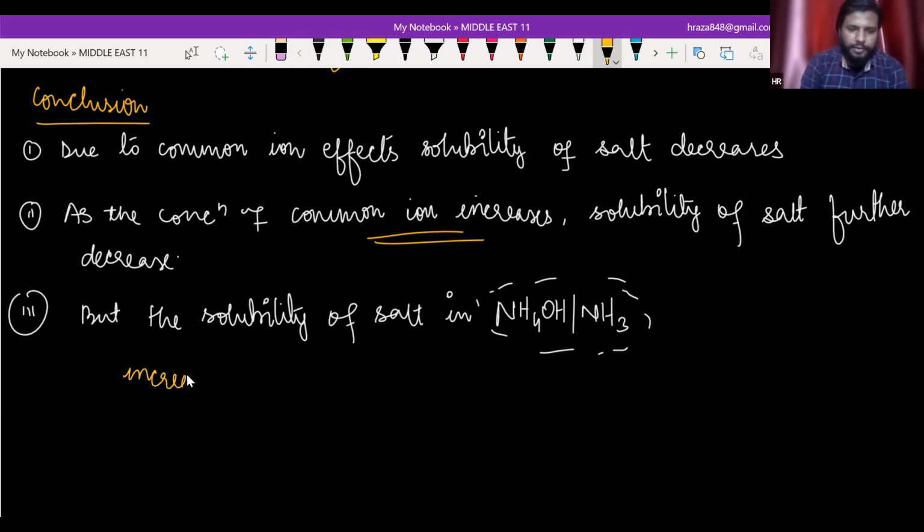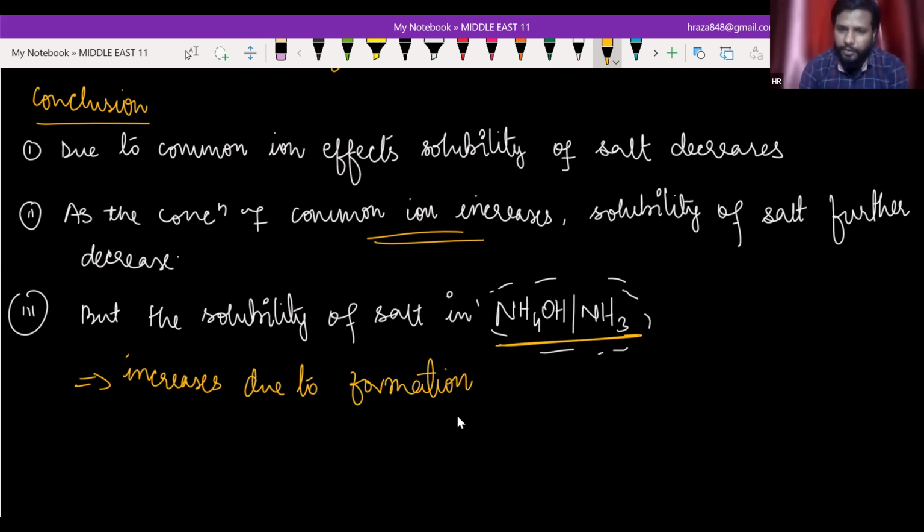The solubility of salt in this increases due to formation of complex. What happens here, I'm going to explain why it happens. Formation of complex. Please write it and let me know if you are done with this, and then I will explain it.